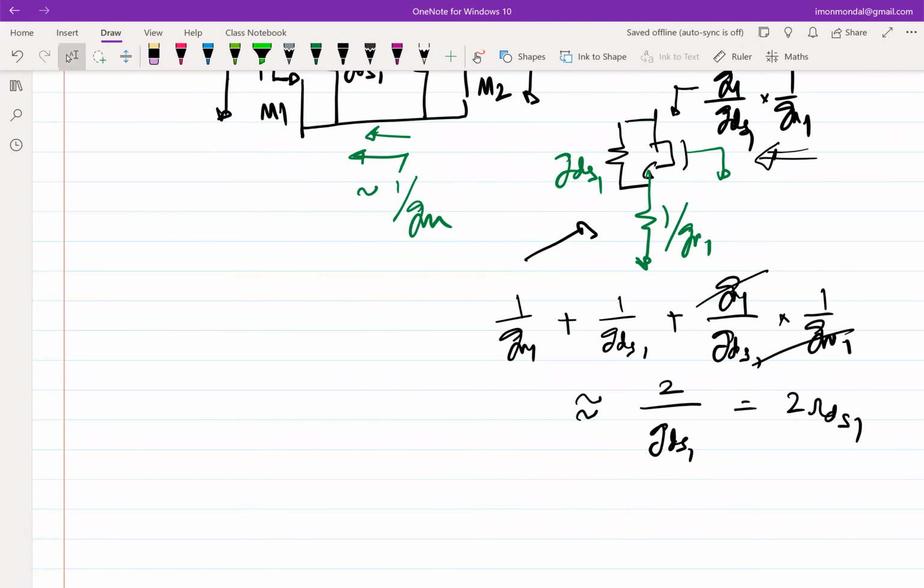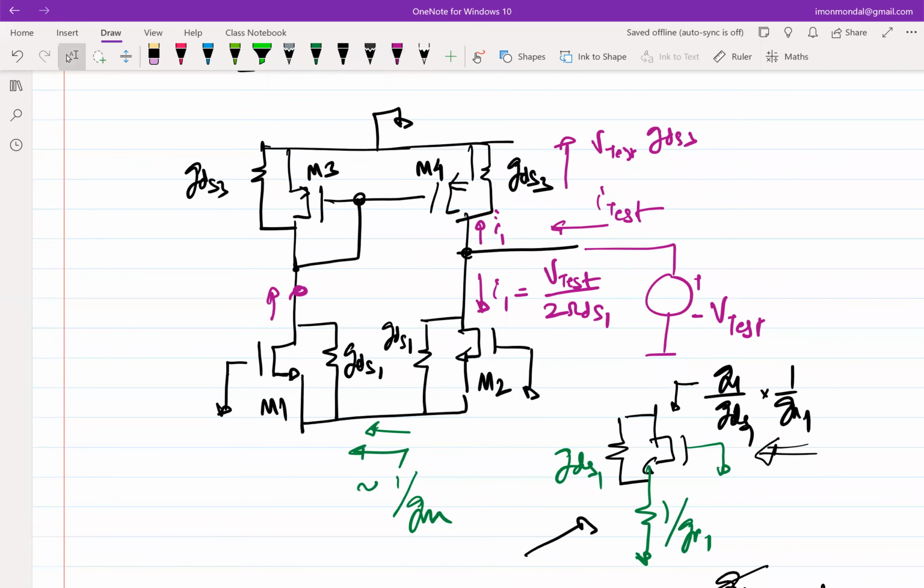Which is greater, 1 over GM or 1 over GDS1? 1 over GDS1 is obviously much greater than 1 over GM, so we neglect it. As I said, whenever there is a tussle between GM and GDS, you can assume GM to be much higher if the transistor is in saturation. Are you comfortable with this, that the current I1 will be V test by 2RDS1?